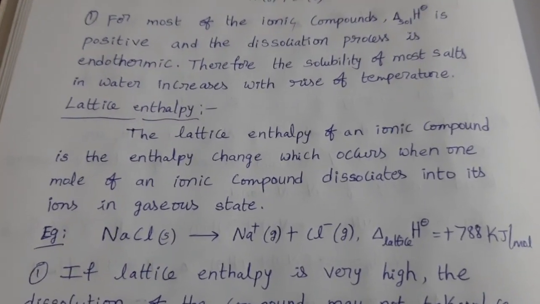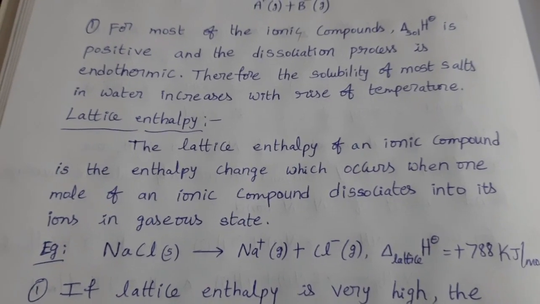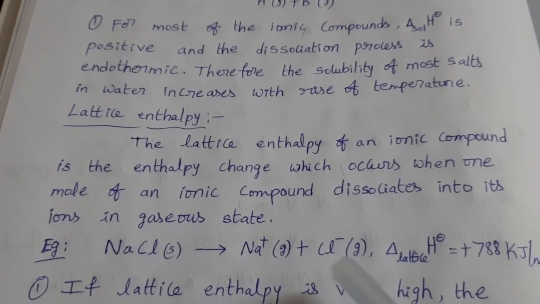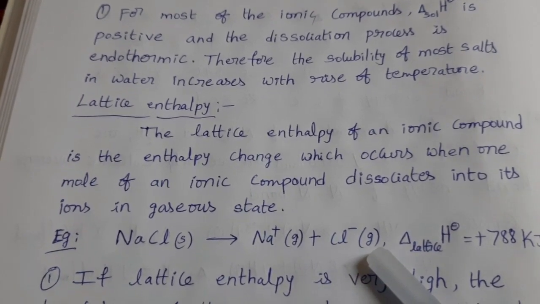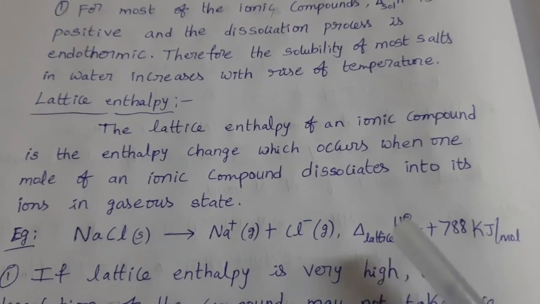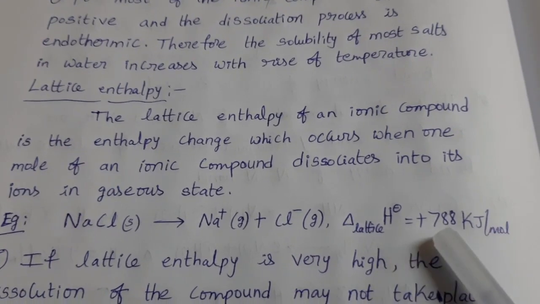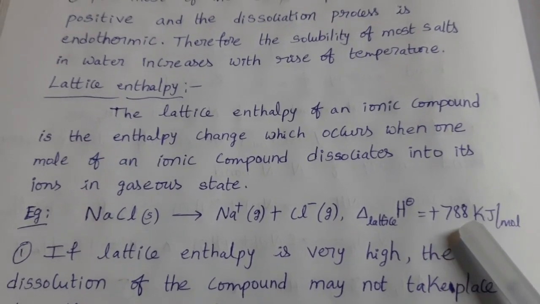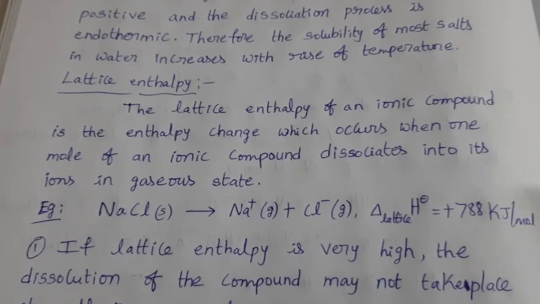Example, NaCl present in solid state is converted to Na plus and Cl minus ions in gaseous state. The related enthalpy is called lattice enthalpy. For this, the lattice enthalpy value is plus 788 kilojoule per mole.